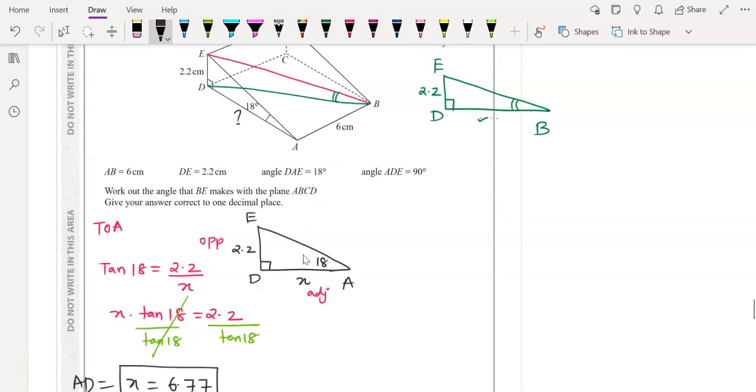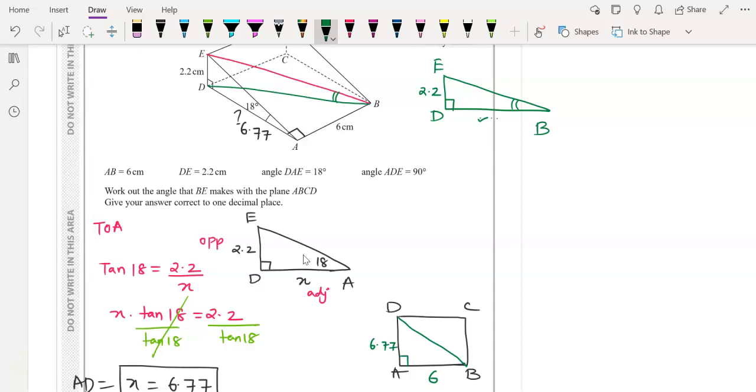So let's go back. Our objective is to find length BD. If you look at triangle DAB, since the base is a rectangle, we can use Pythagoras theorem and find length BD. So let's draw triangle ABD. I need to find BD. AB is 6. AD we have worked out is 6.77.